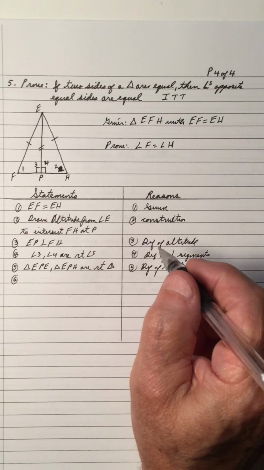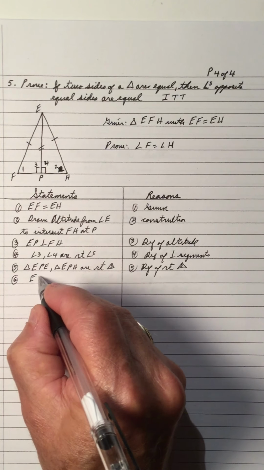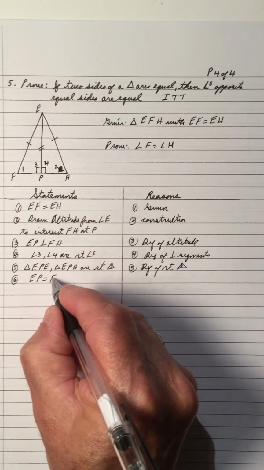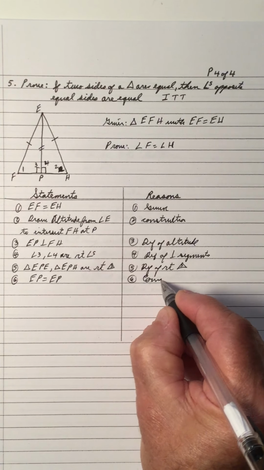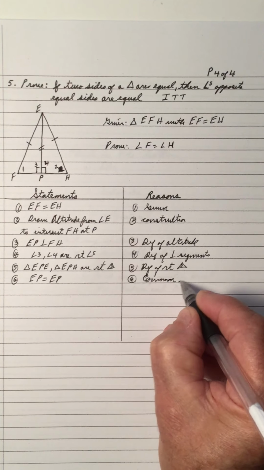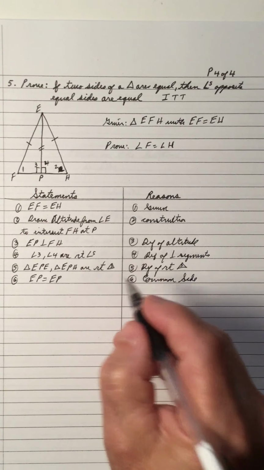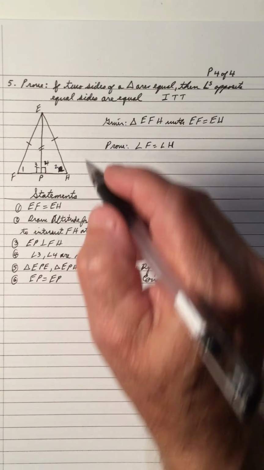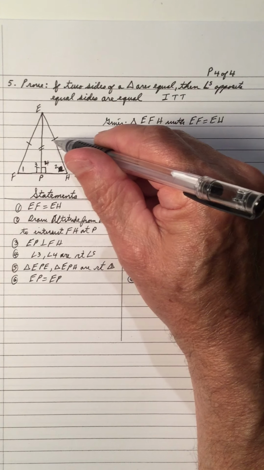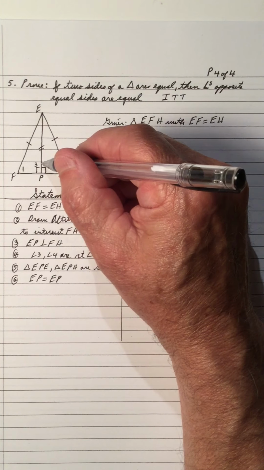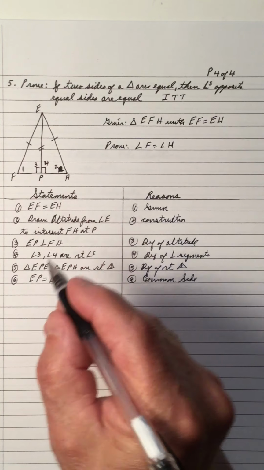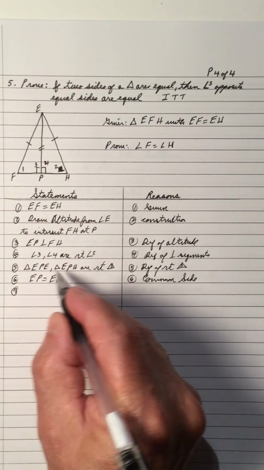And now we have to say that EP equals EP, common side, to the triangles. So now we have this side equal in each. This is the common side. These are the right angles. And so we have a right triangle.